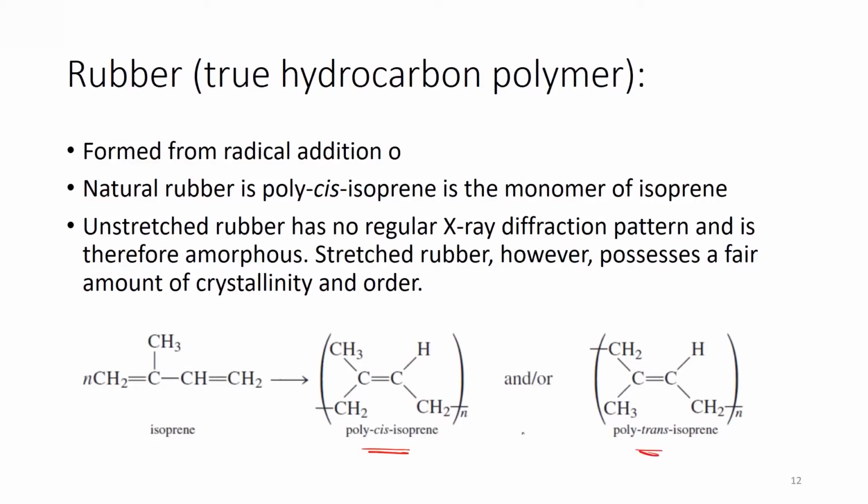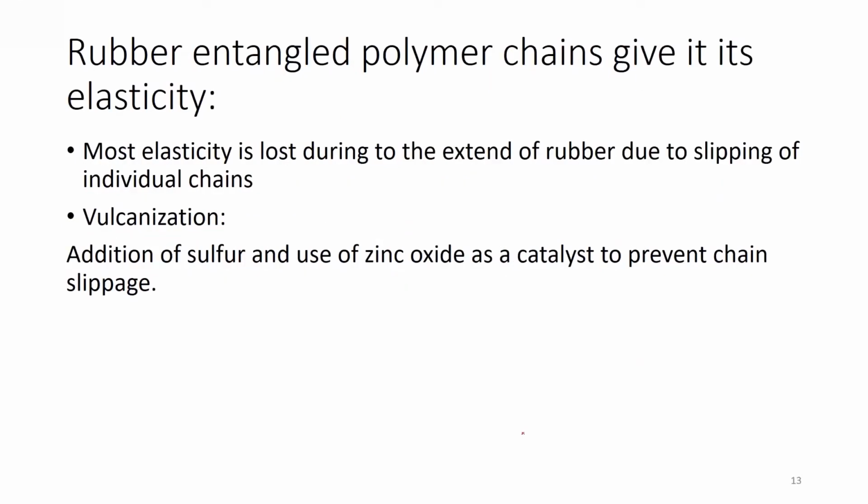The cis isoprene, which is a natural rubber, is amorphous, and it can be stretched and possesses a fair amount of crystallinity. The naturally occurring rubber has a problem when it is elongated for a long time. It loses its elasticity due to the extended rubber chains slipping over each other.